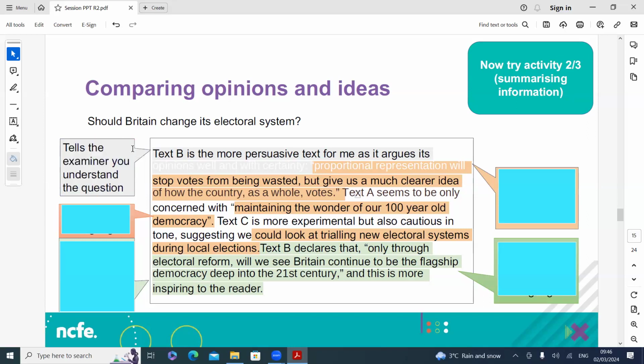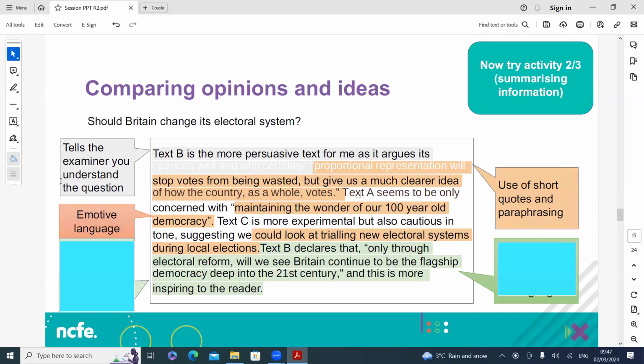So again, we've started by showing the examiner the question has been understood. And again, we've got short quotes, paraphrasing in the answer, a mixture of both. This text language, maintaining the wonder.